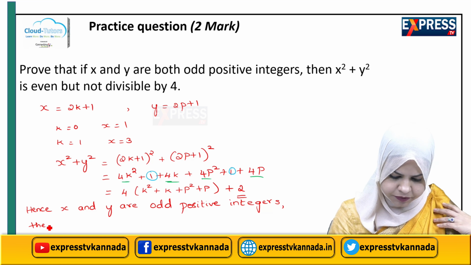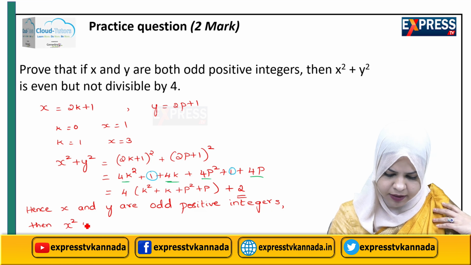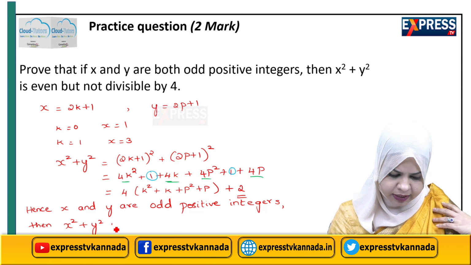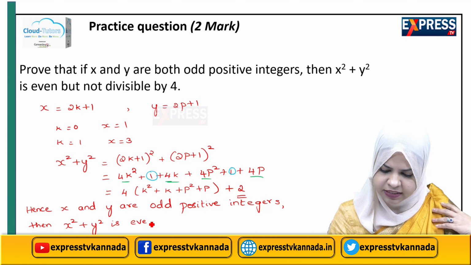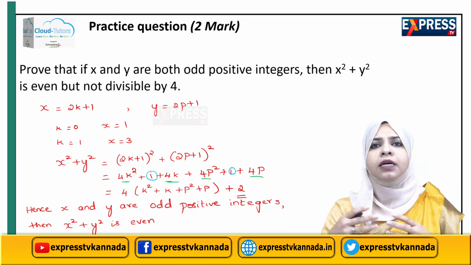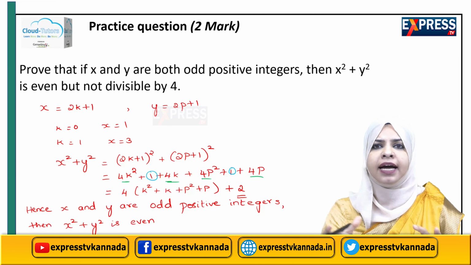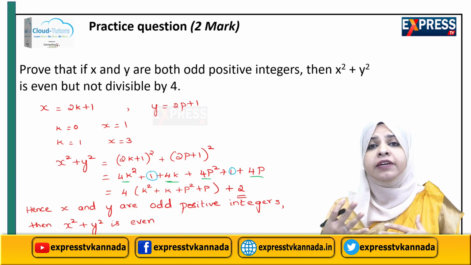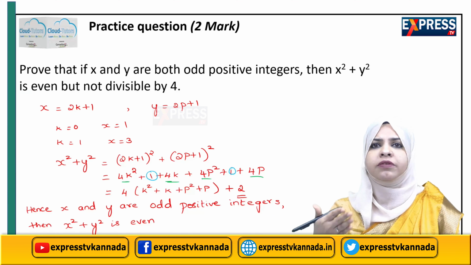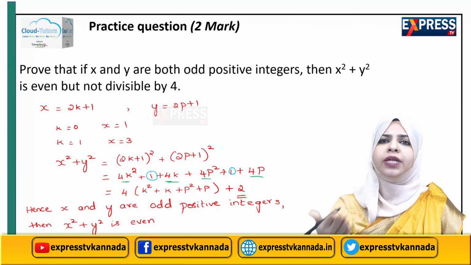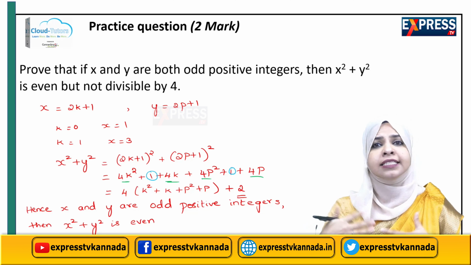then x square plus y square is even. Definitely it is even. If I remove a common factor of 2, definitely the entire thing would be divisible by 2. If I have a question wherein it says to show that it is divisible by 2, I can easily do that.